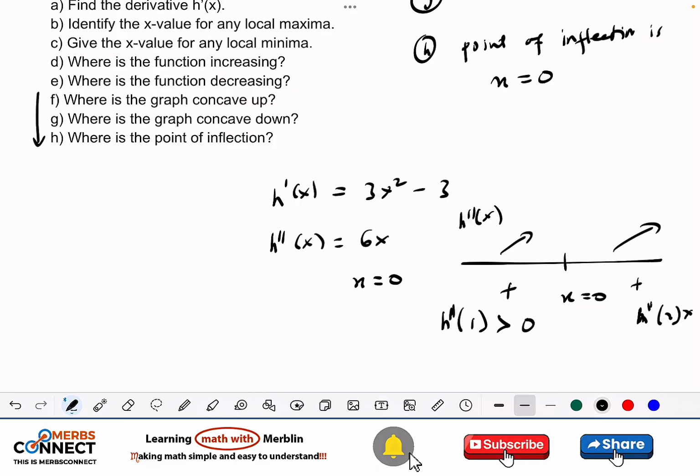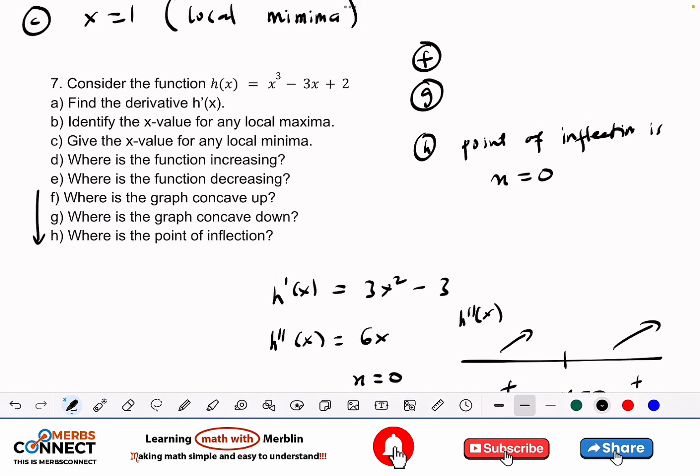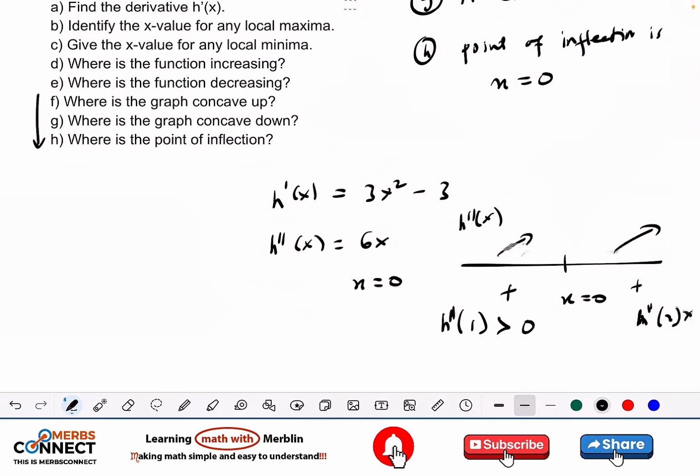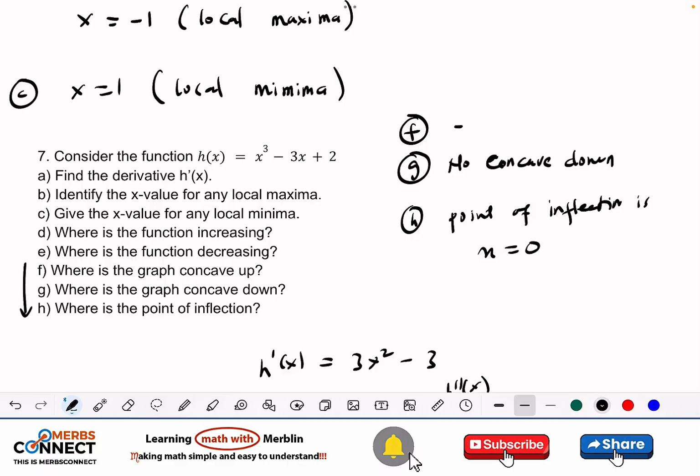So here we can say that the function is not going to have concave down, but it's going to have concave up. So there will be a concave up at positive, positive, right? So this is where the concave up is going to happen. So no concave down, but concave up is happening from minus infinity up to 0, and from 0 up to positive infinity.